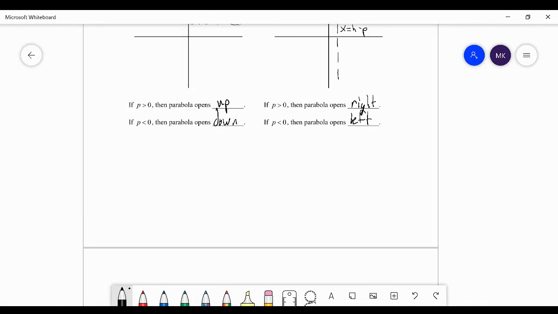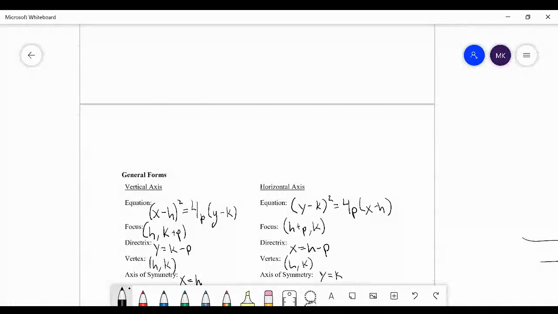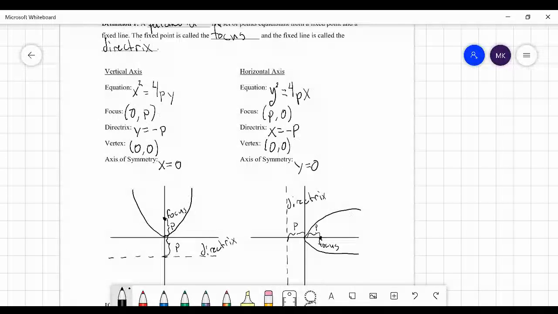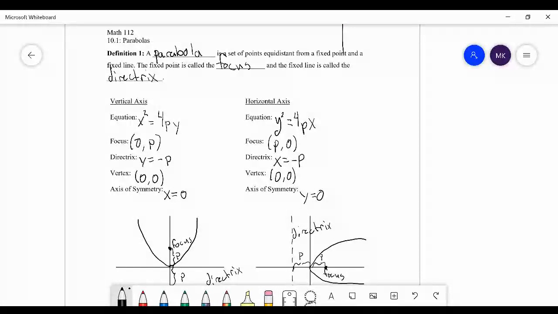So if we go all the way up, we could look at this one here, but because we don't have any shifting, we can actually simplify our lives and look at this. Since we have a horizontal axis parabola with our p-value being negative 5 halves, our focus is at the point p comma 0, and our directrix is x equals negative p.